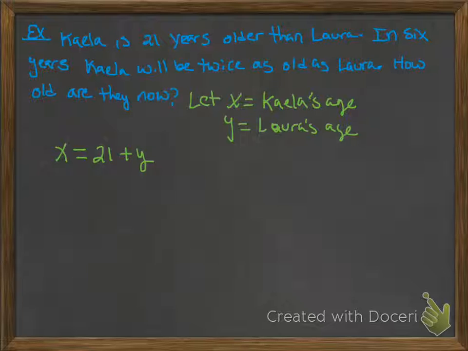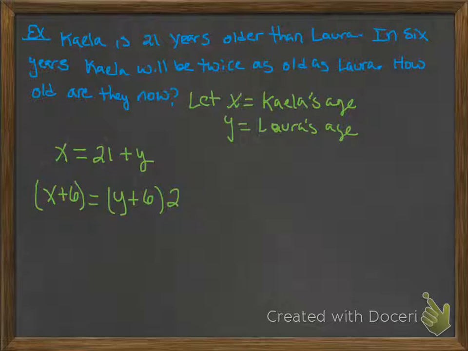And then my other piece of information is that in 6 years, Kayla will be twice as old as Laura. So x plus 6 will equal 2 times y plus 6.